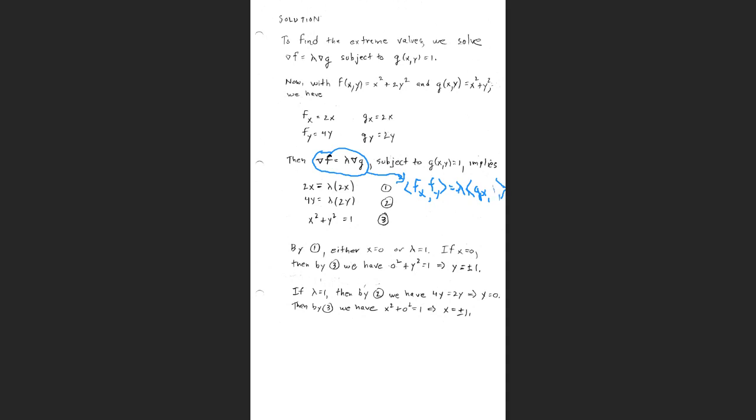So essentially, you're setting components equal to each other. The first components, when you set them equal to each other, you get this equation. And the second components of the vectors, when you set them equal to each other, you get this equation. And then you have your constraint.